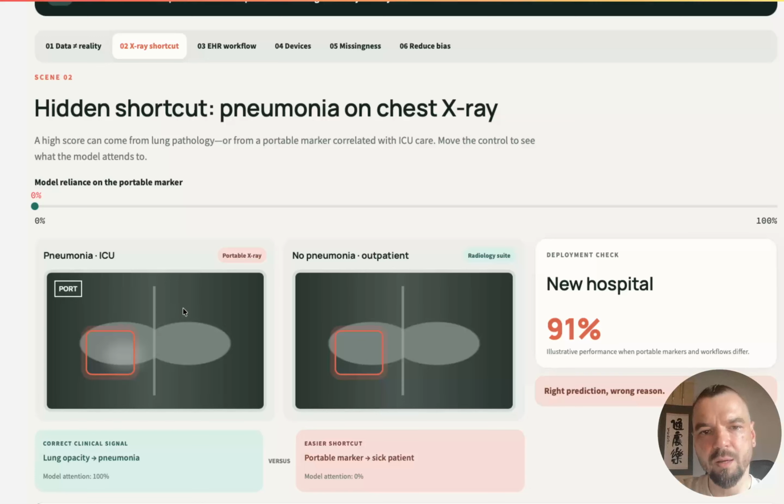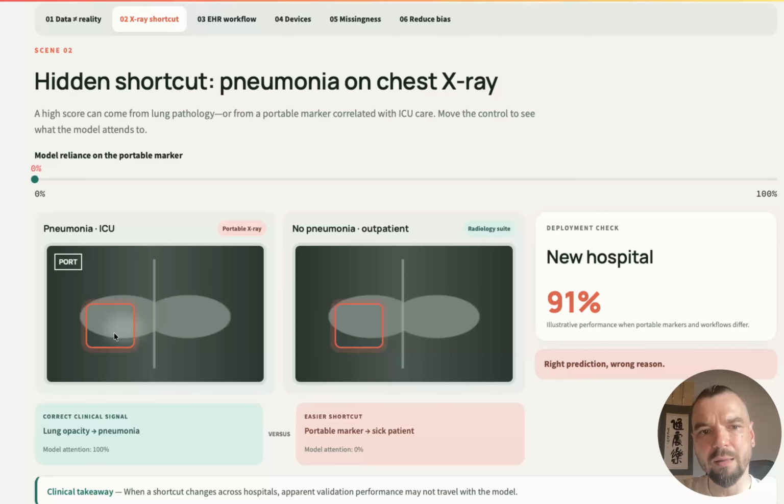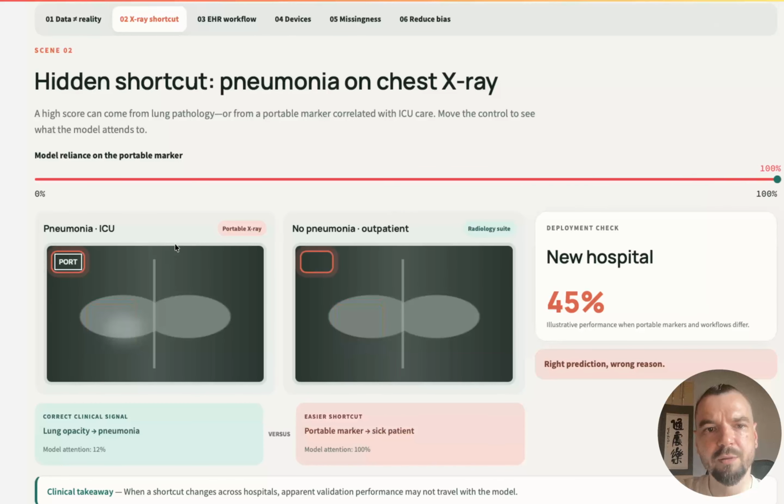And if in this environment the prevalence of pneumonia is much higher, that is obvious. If it's the ICU for patients with respiratory failure, pneumonia will be higher there. Then the model can train not on some opacity in the lungs, but on the fact that this comes from this specific scanner.